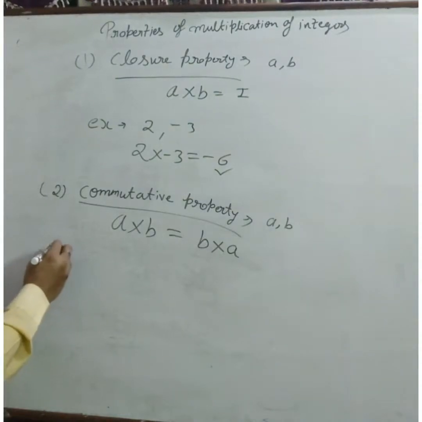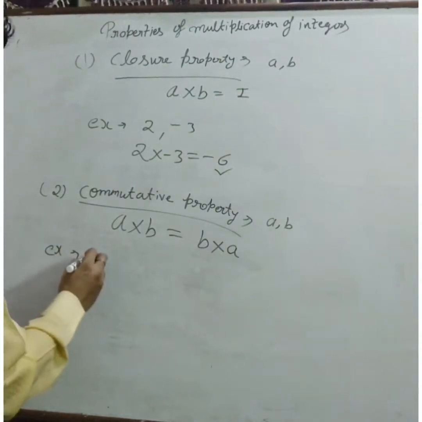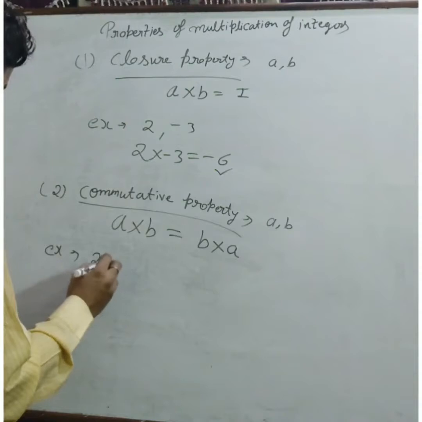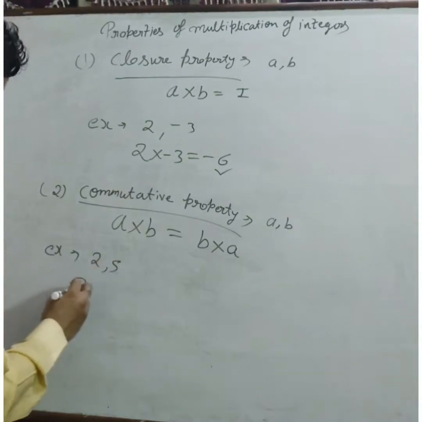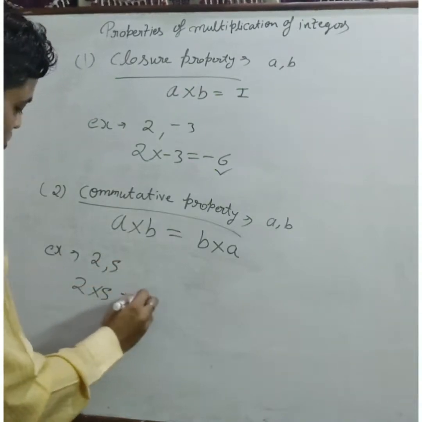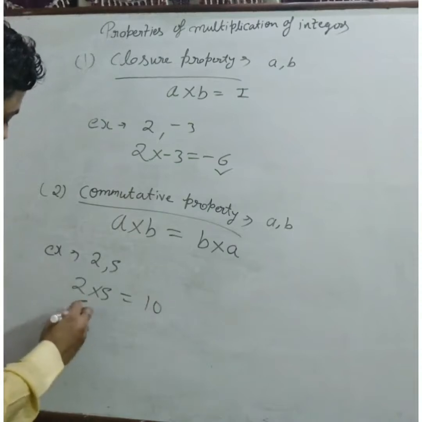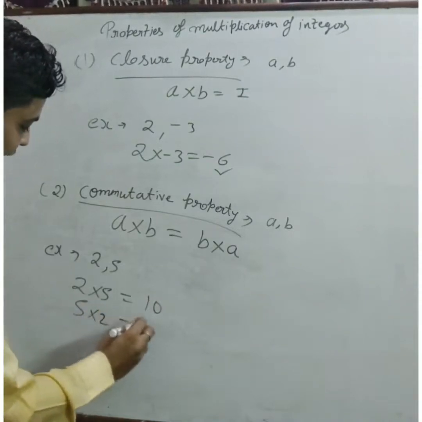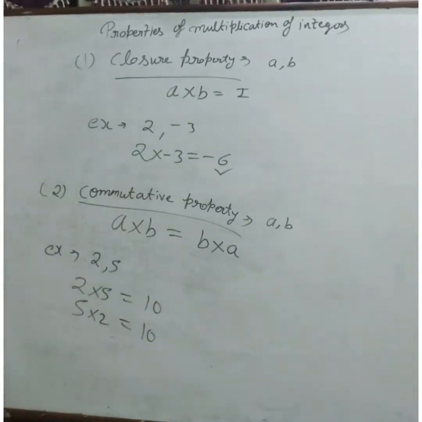For example, the two integers are 2 and 5. Then 2 multiply 5 is equal to 10, and 5 multiply 2 is also equal to 10. That is the commutative property.